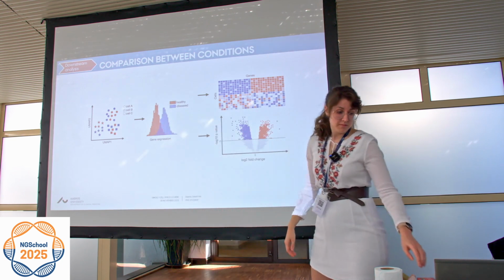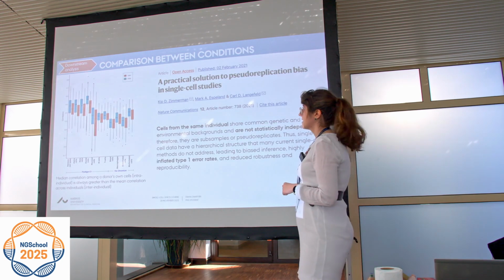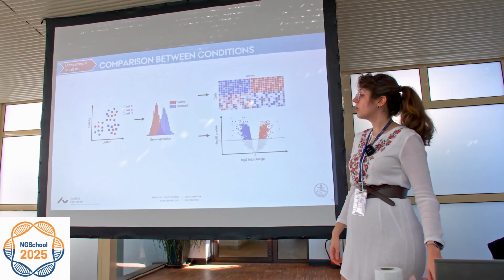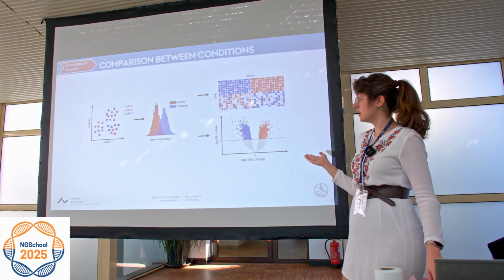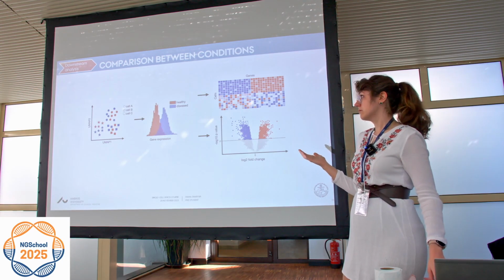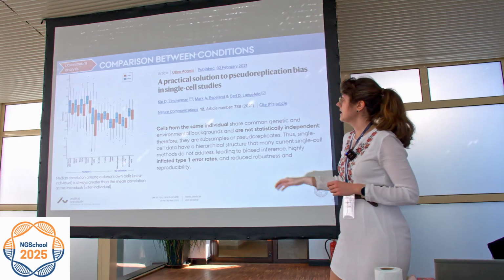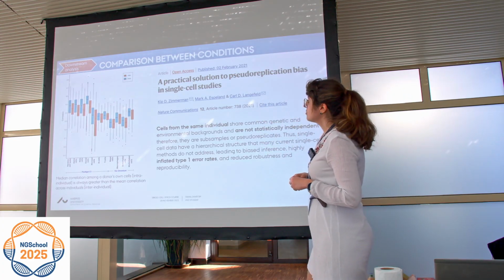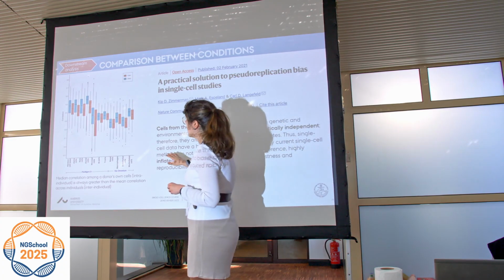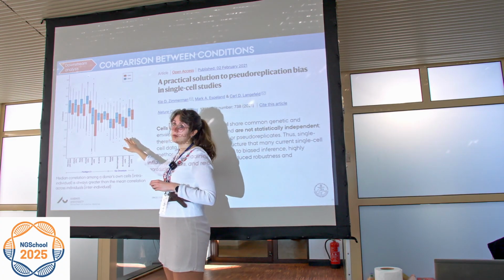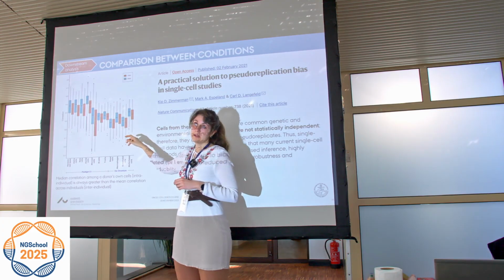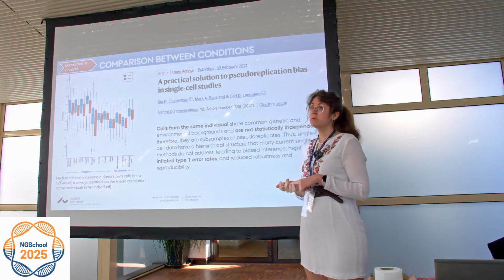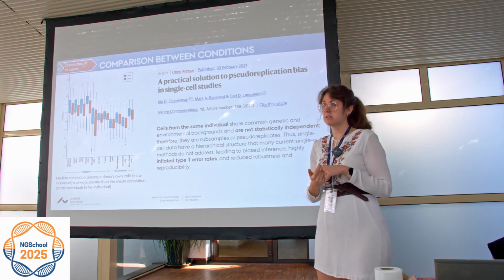The problem is pseudo-replication bias. Although this approach was used throughout the history of single-cell RNA sequencing, which is around 7 years, this paper came and changed everything, because they showed that once cells are coming from the same donor, the same animal, they are co-correlated, and therefore you can't use the Wilcox and t-test because they assume independence of your samples.